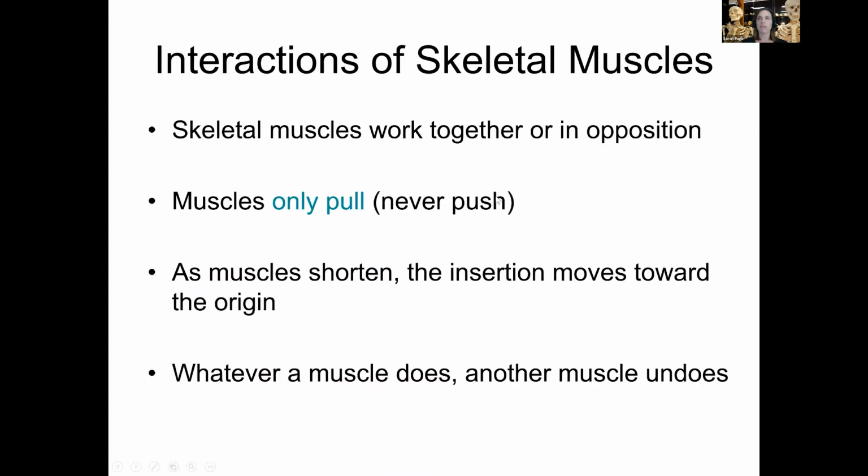Okay. So when we talk about muscles of the body, remember, your muscles either work together to perform an action or they work in opposition to each other. A good example would be when you flex your arm. When you are flexing at your elbow, you have a couple of muscles, like your bicep muscle and your brachialis muscle, which is right underneath. Those muscles are performing the action, so they're working together to flex.